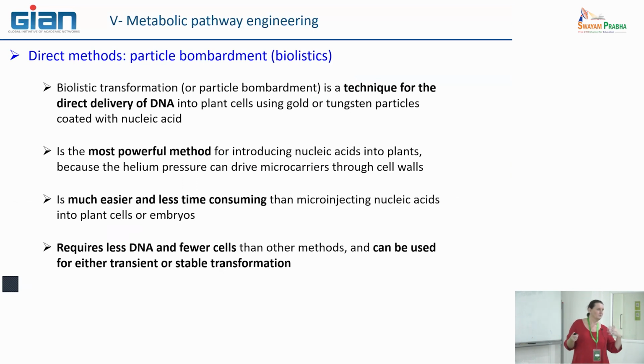At the beginning, the first one was a modified gun to bombard plants with particles, and these particles need to be very strong, so they are gold or tungsten, and they are covered by DNA, plasmids for example, or crude DNA.